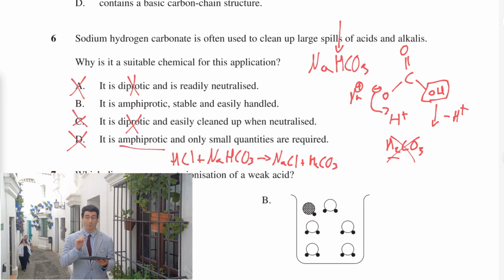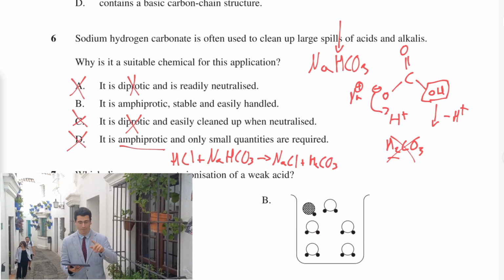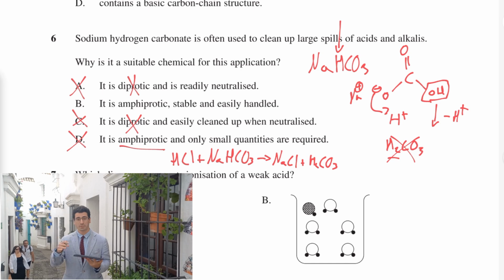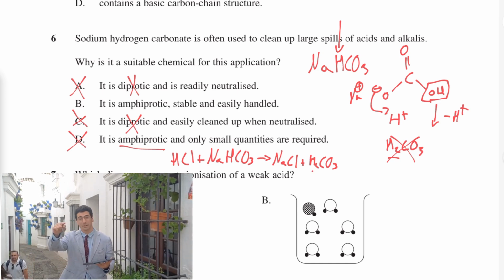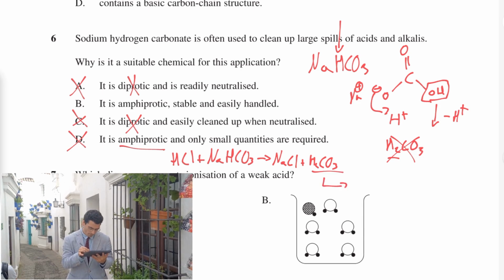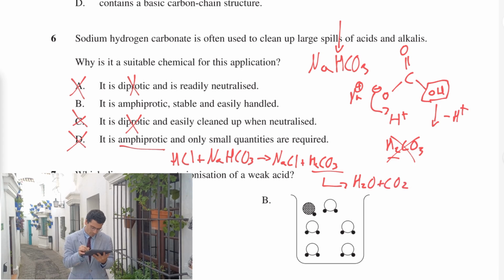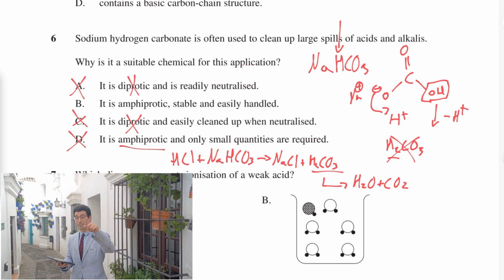The thing about H2CO3, which is carbonic acid, is that in the presence of water, it will rapidly degrade. What will it degrade to? Water and carbon dioxide. Now, this is the reaction I was talking about, which happens in your cakes, and that's why you get a cake. It's a leavening agent.